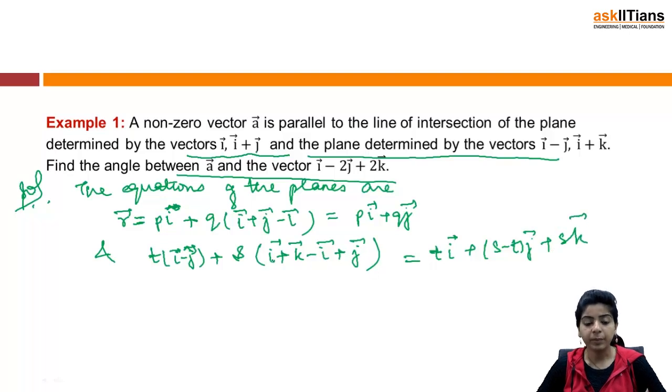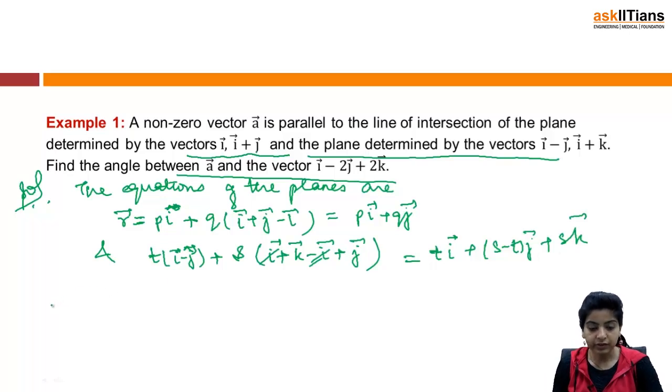We have just compiled the coefficients of i vector. Here the i will get cancelled. So we have T times i, for j I have S and here I have minus T, so (S minus T) times j plus Sk.